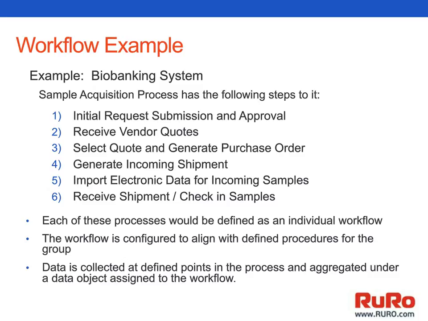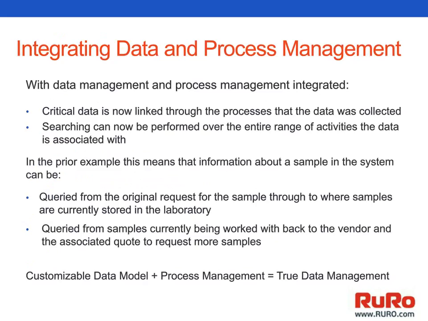Okay, so with that, we now see where we can start integrating data management and process management. What we think is really powerful about this is that we've now linked this critical data and made it visible from the beginning to the end. This allows us to do searching over the entire range of activities that the data is associated with.